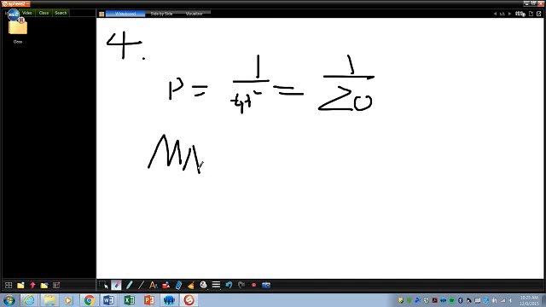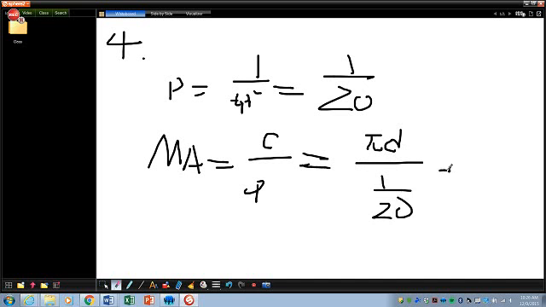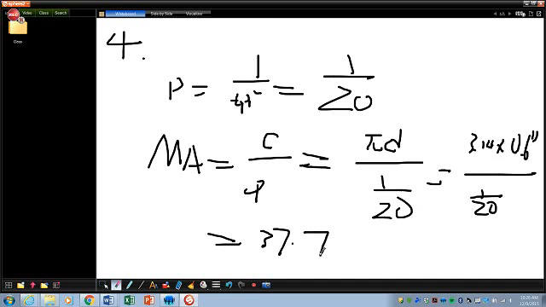To solve for the screw, the equation is circumference over the pitch. So pi times d of the screwdriver, the circumference, and then the pitch, 1/20. So pi 3.14 times 0.6 inch, over 1/20, you should get about 37.7.